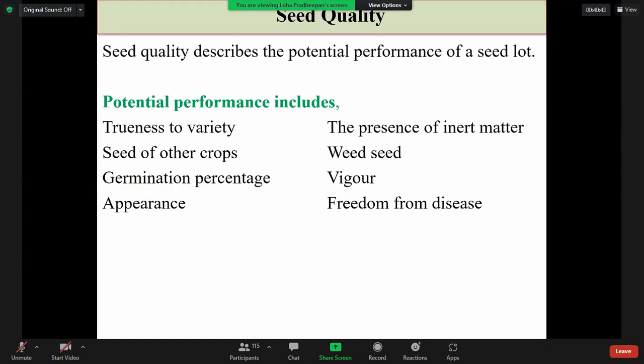The seed is having the potential performance. That is, it is less weight seeds, with highest vigor, free from pests and diseases. It is having good appearance, high germination percentage, very few other seeds, and it is showing the high fruit seed variety.